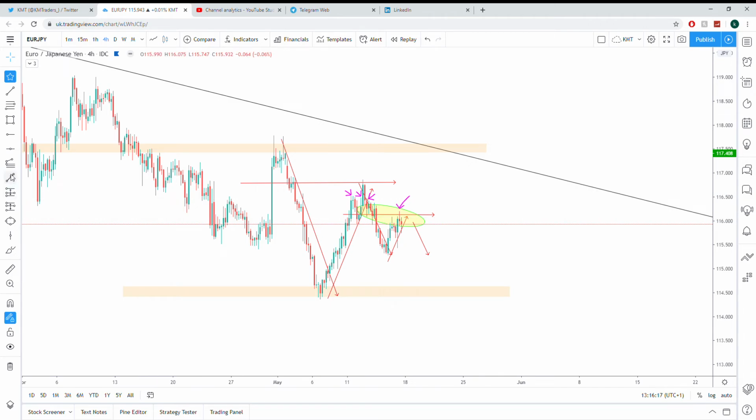An example is just waiting for one rejection candle and then observing that momentum. So you're just waiting for the rejection candle and then waiting for the momentum to continue. This actually confirms that we are looking to reject this area. We're then looking to push lower, and then we're looking for selling opportunities.